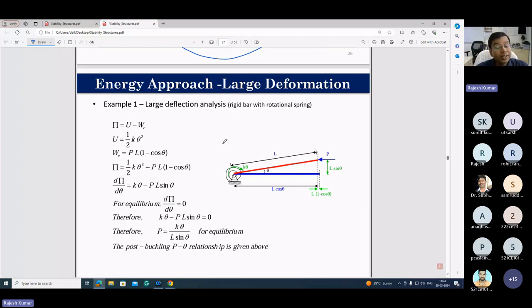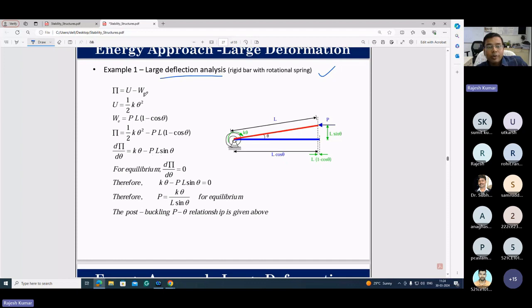Small deformations are used to find the critical loads. But large deformation analysis lets us plot the path after buckling, which is known as post-buckling analysis, or non-linear stability analysis. Is it clear? So now, large deflection analysis, rigid bar with rotational spring. Pi is equal to U minus WE, half K theta square.